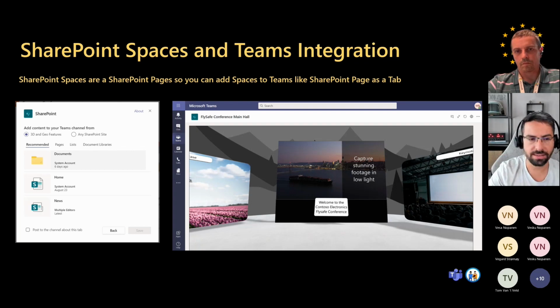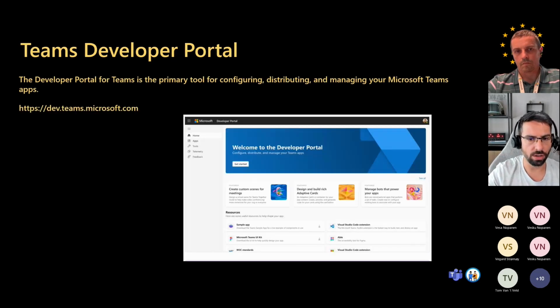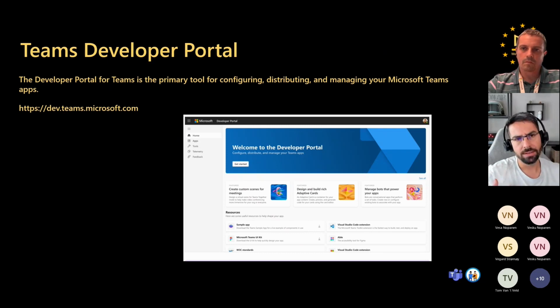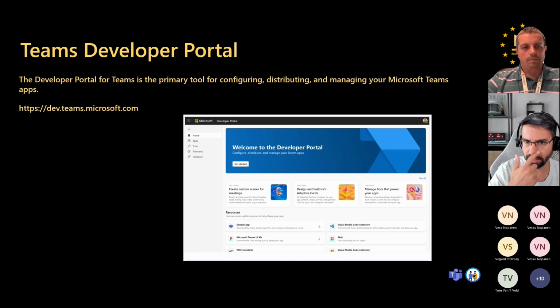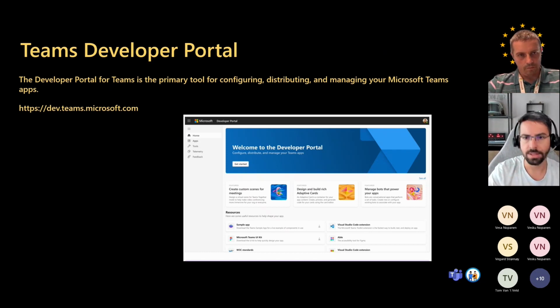Teams channel. But what if you want to create a personal app? The simplest way is to use the Teams developer portal. So you are able to navigate to dev.teams.microsoft.com and access the developer portal for Teams.